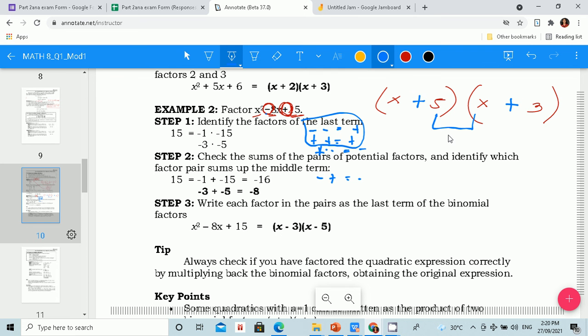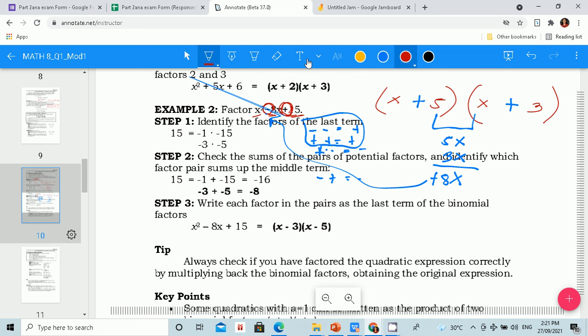So 5 times x, that is 5x. 3 times x, that is 3x. Then we are going to add, that is 8x, that is positive. Now, is this negative? No, it's not. So this time we are going to change. We will use the negative on both sides.